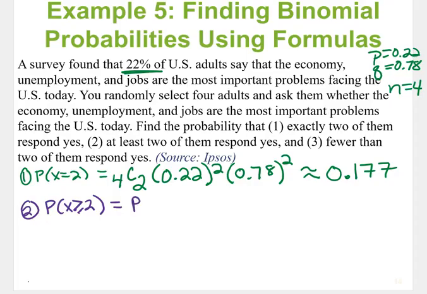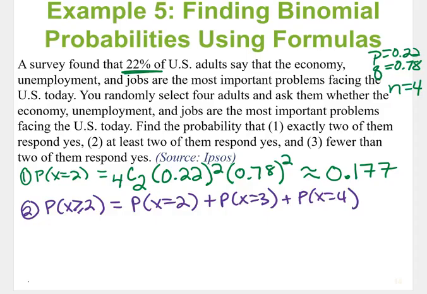So we have to add all those up. So we have to find the probability of 2, which we already found, plus the probability of 3. So we'd have to do that formula again, and then plus the probability that we would get 4. So we would have to do the formula that we did for part 1 again, but for x equals 3, and then do it again for x equals 4.